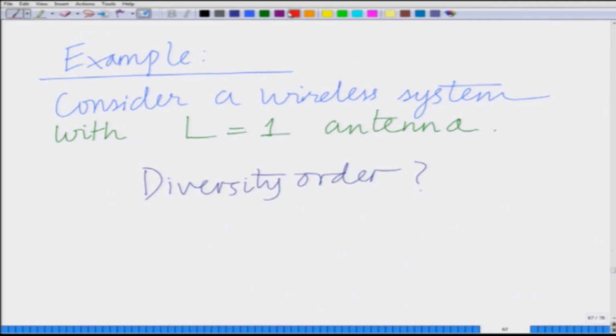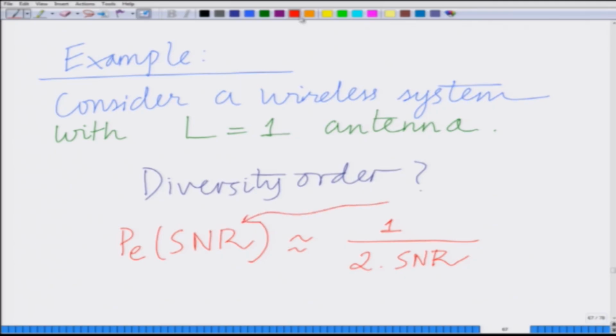For this system, the bit error rate, the probability of error, we have already derived it, is approximately equal to 1 over twice SNR at high SNR. Remember, this is at high SNR: PE of SNR is 1 over twice SNR.